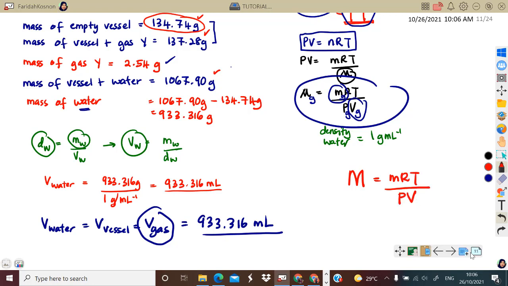Okay, so I will first list the information we need for this formula. Since we are going to use this formula, molar mass of gas equals mass of gas times R, the gas constant, times temperature, divided by pressure of gas times volume of gas. So what information do we have here?